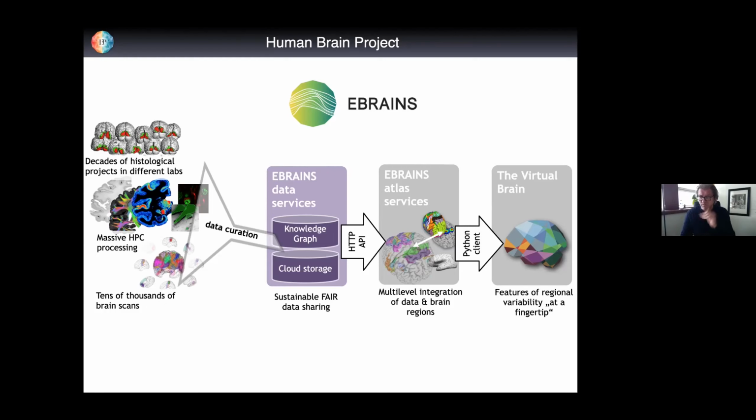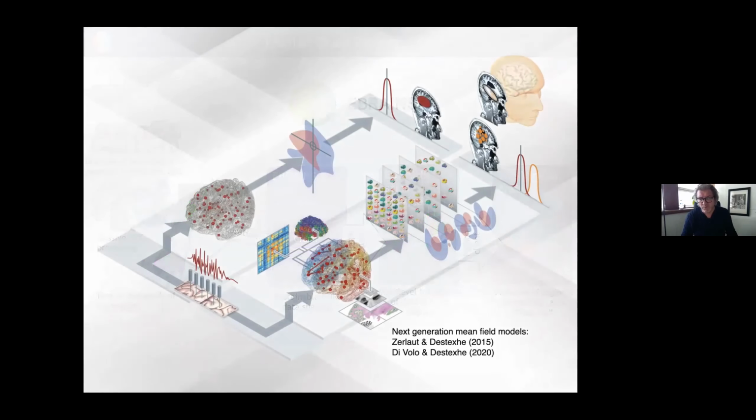So there are mathematical, computational, informatics requirements that need to be made all interoperable. This is, in my opinion, the major key contribution of Ebrains to make this flow possible.